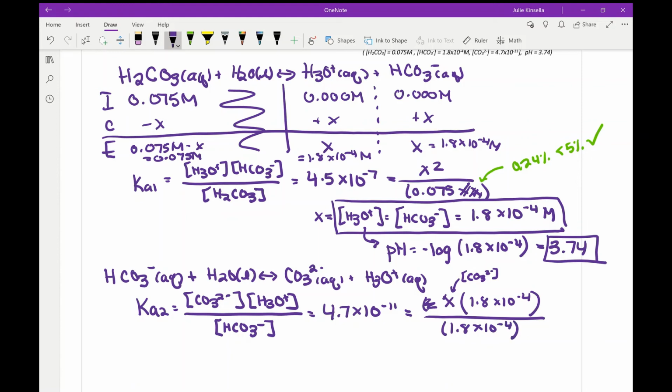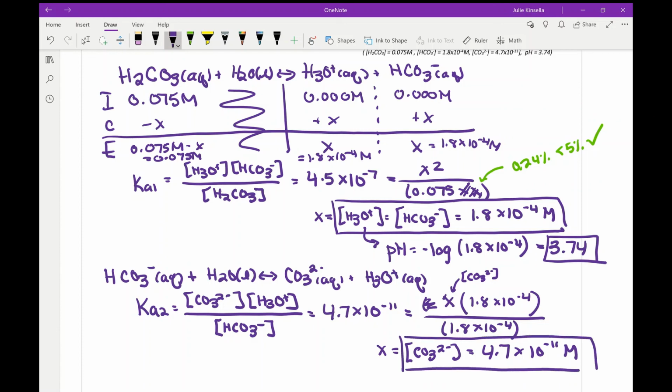Okay, that then allows us to know that X, which is that concentration of the carbonate ion, ends up equaling the Ka2, which is 4.7 times 10 to the negative 11. Okay, so we can put a little box around that.